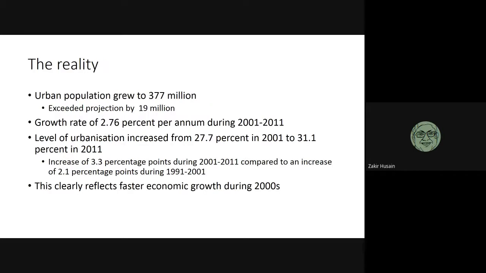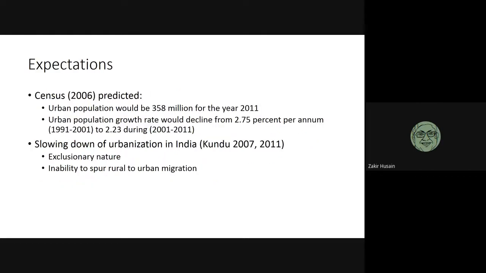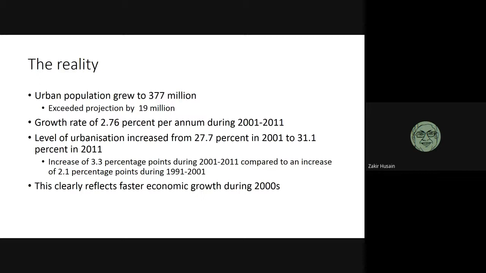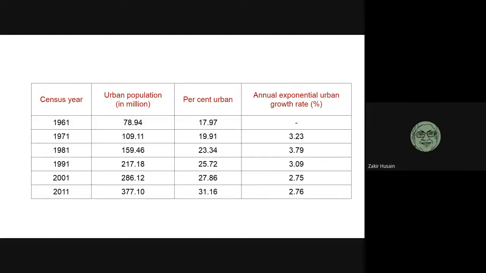But in reality, the population growth was much faster, by about 3.77 million. Instead of a growth rate of 2.23, it was 2.76, a very marginal increase. And the level of urbanization went up from 28% to 31%. So that means urbanization actually grew faster between 2001 and 2011.